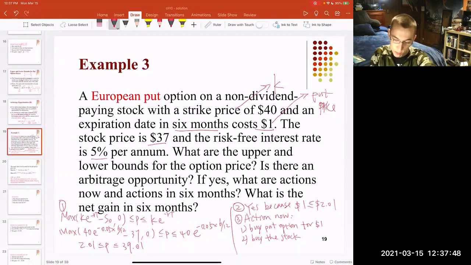So you need to borrow money to buy all this. Borrow how much? $38, yes, 38, right? Because you need to buy the put option and the stock. So the total is $38 for 6 months.